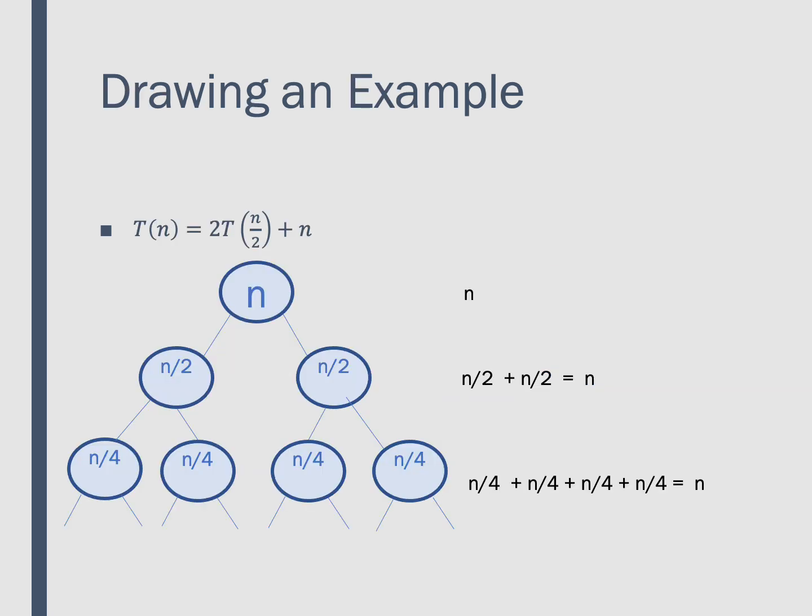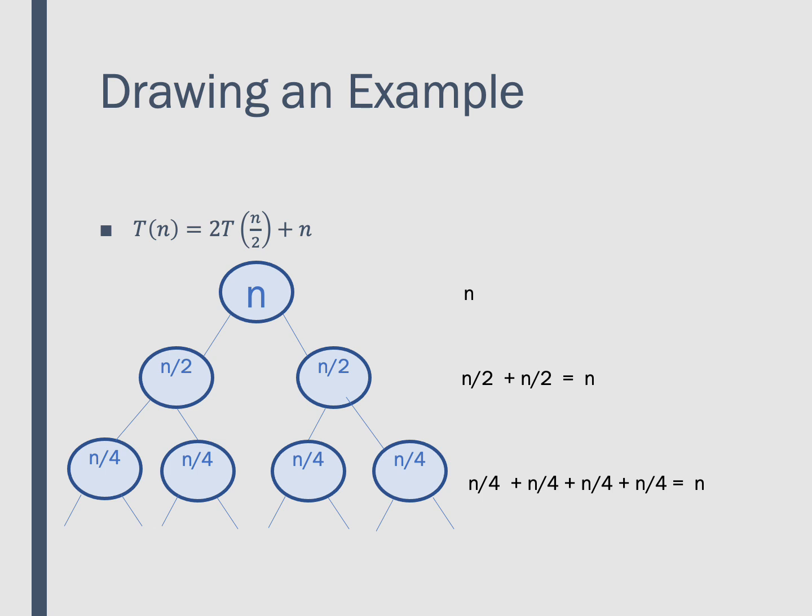Okay, now let's apply the recursion tree method to an example. We'll use the recurrence Tn equals 2T(n by 2) plus n, which is a common recurrence in divide and conquer algorithms. We just used it in our previous slide, so now we'll see it as a tree.